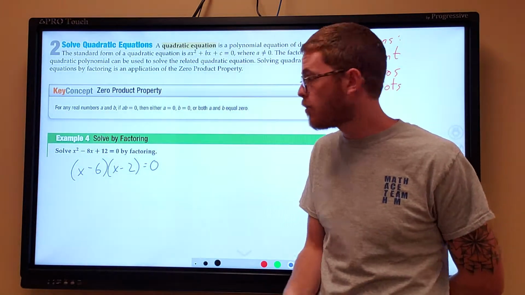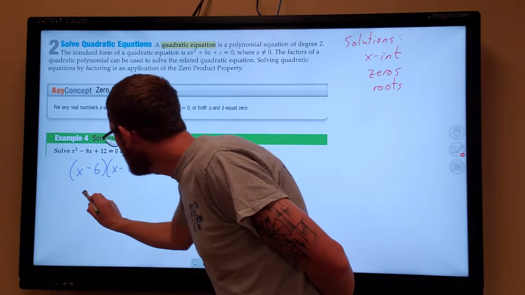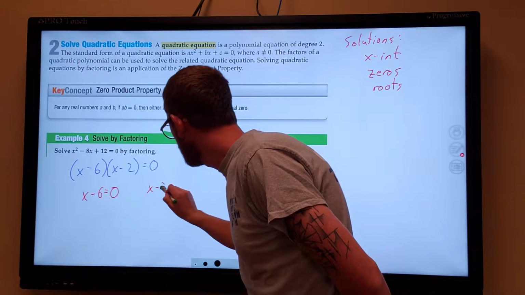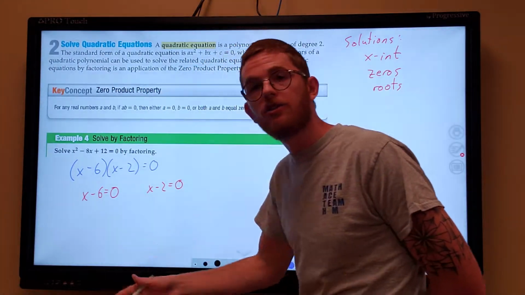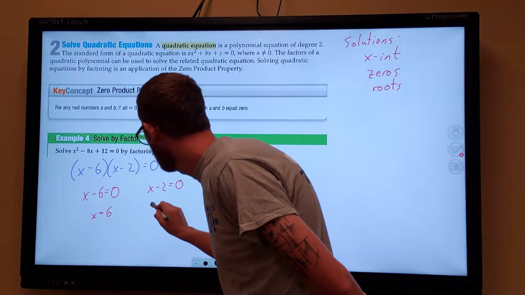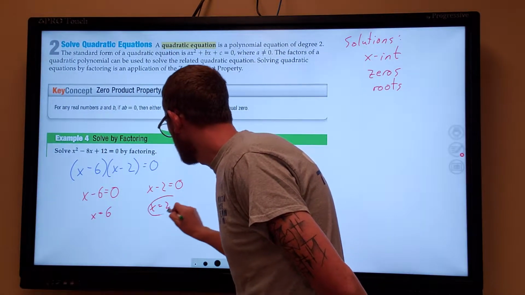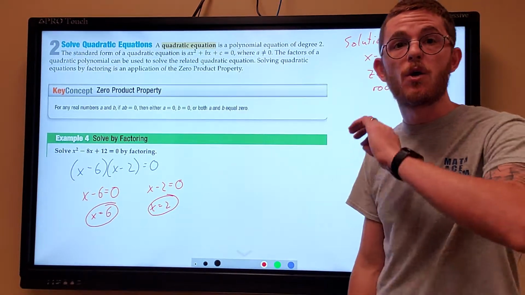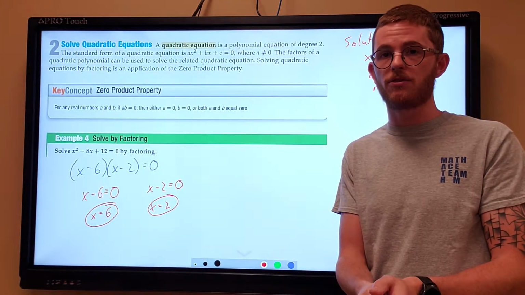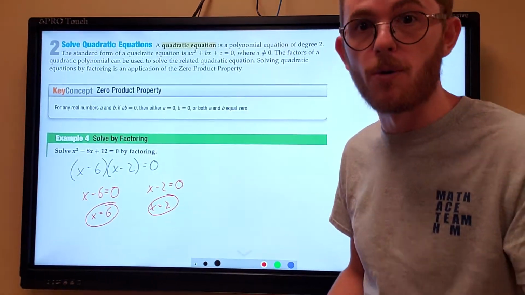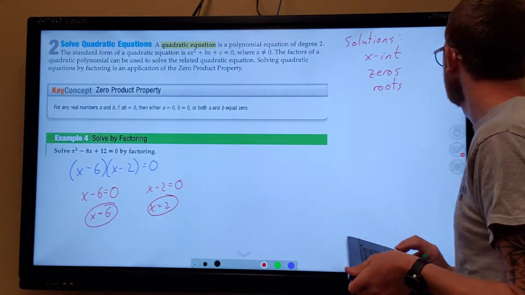The zero product property allows me to set each factor equal to 0 and solve these simple little equations. We have x equals 6. We have x equals 2. The zero product property, really helpful, but you have to be able to factor. So, very important.